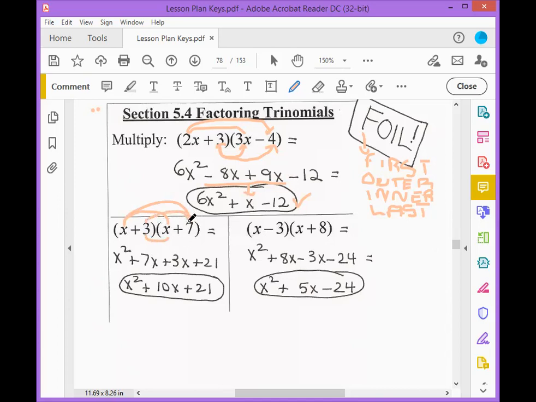And then the last terms, 3 times 7 gives us 21. We'll combine those like terms in the middle, 7x plus 3x gives us 10x. And then we carry down x squared and plus 21. Our answer: x squared plus 10x plus 21.